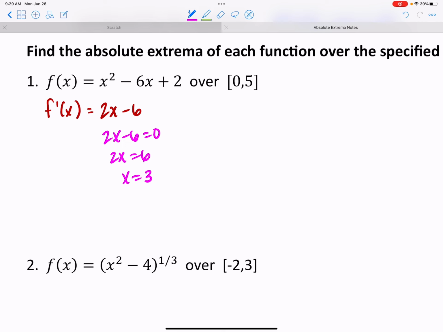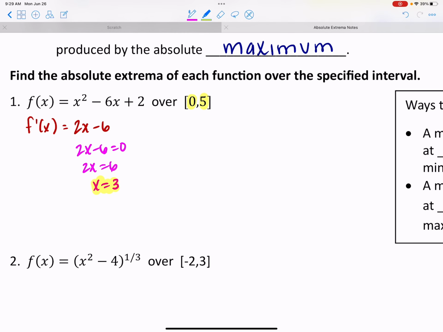So remember, our absolute extrema are going to happen either at these critical numbers or at the endpoints of our interval. So I need to plug this critical number into my function, and the endpoints too. And the largest output tells me where my max is, and the smallest output tells me where my min is. So now I need to find three things.